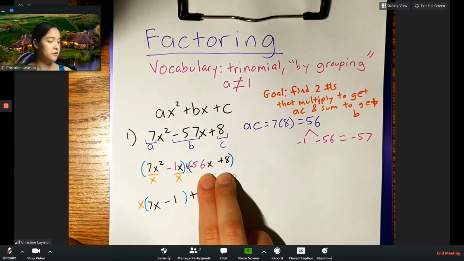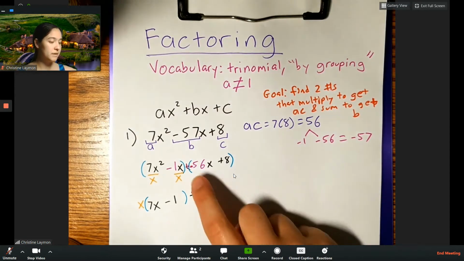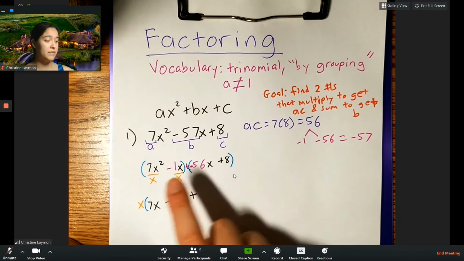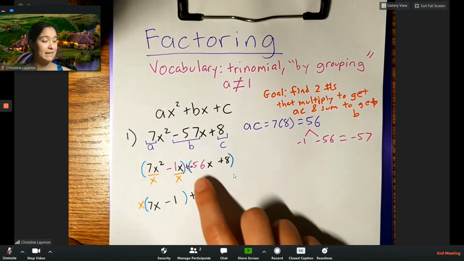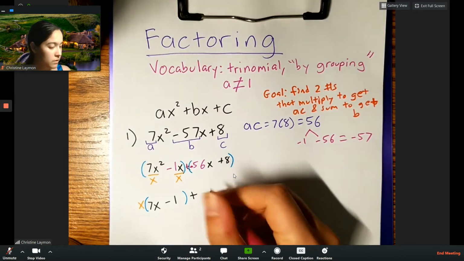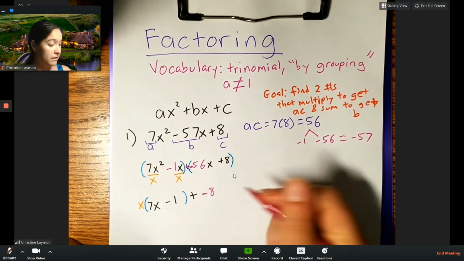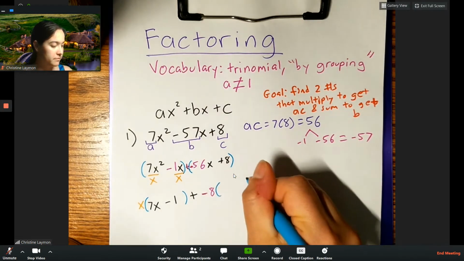Looking at this stuff here, I have negative 56x plus 8. Because this first term is a negative and this first term is a positive, I'm going to go ahead and take out a negative. In fact, I'm going to take out a negative 8 because 8 goes into both numbers. I'm going to pull out negative 8, parentheses.